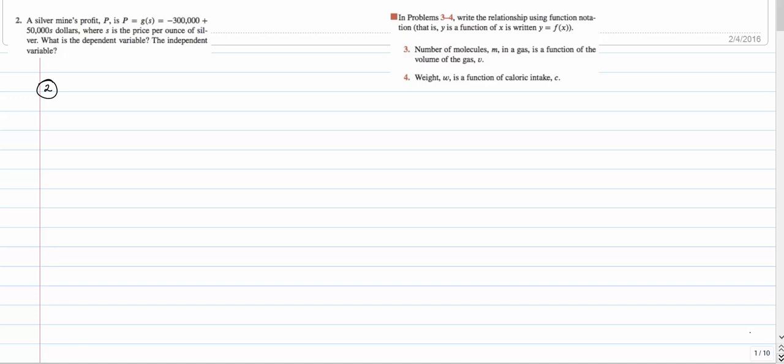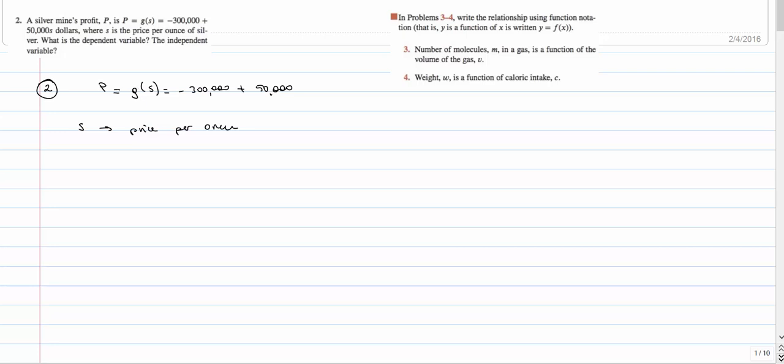All right, problem 2. A silver mine's profit P is G of S, which is negative 300,000 plus $50,000 S, where S is the price per ounce of silver. What is the dependent variable?